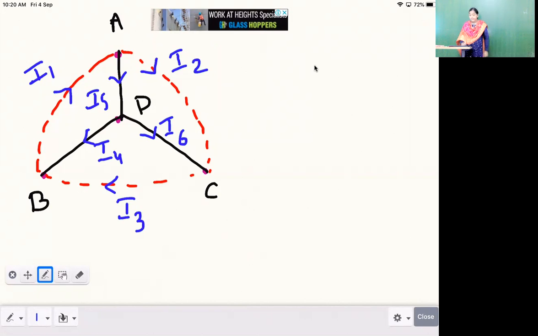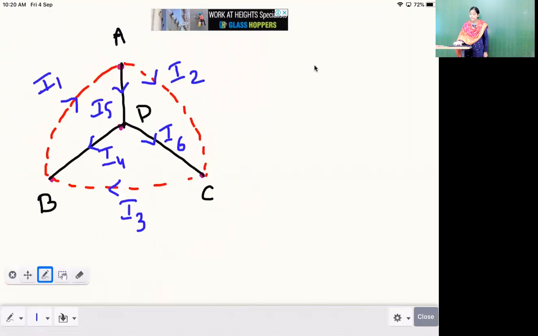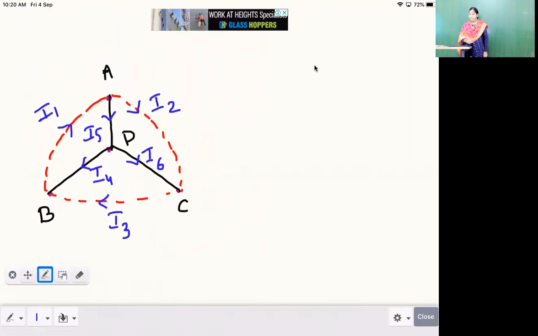Now, in order to write a cut set schedule here, what do we have to do? In order to write a cut set schedule, there are 4 nodes. Out of these 4 nodes, one node you have to always consider as a reference node. It can be anything.